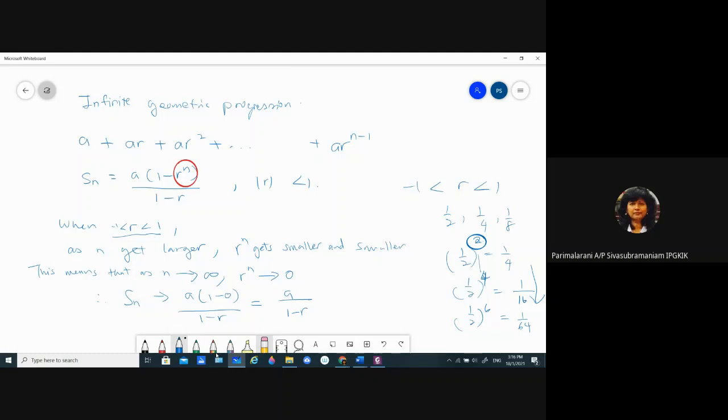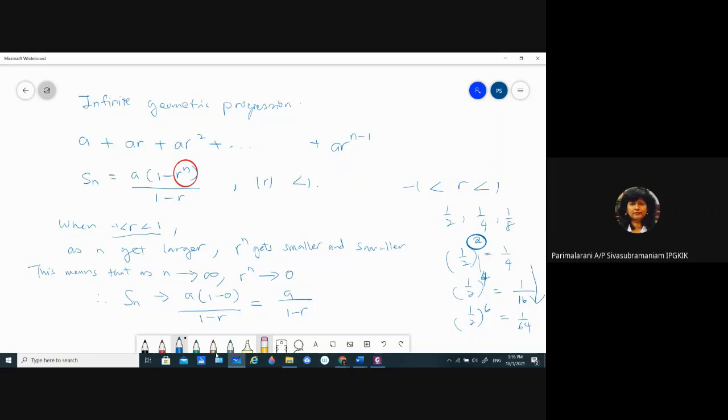Infinite means there is no limit. The progression is going on and on. So n becomes bigger and bigger, and Rn becomes smaller and smaller until it becomes almost 0.